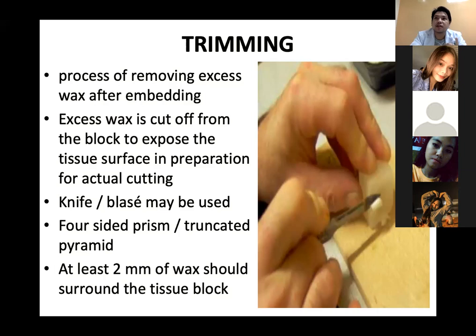First question, what is the reason for dehydration? Second, what do you think is the reason why paraffin is the best used for infiltration? And lastly, out of the mentioned blocking molds, what do you think is the best mold for embedding? You can send the answer directly to the messenger.